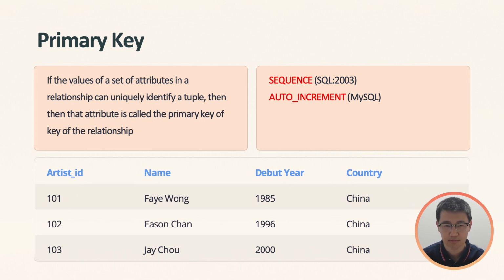In SQL 2003, for example, sequence is a keyword for primary key, and in MySQL, auto increment is used to automatically increment this identifier, which helps clearly distinguish individuals, like 101 for Fei Wang, 102 for Yisen Chen, and 103 for Jay Chou, turning these identifiers into unique primary keys.